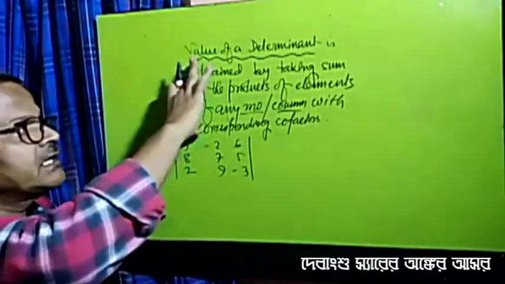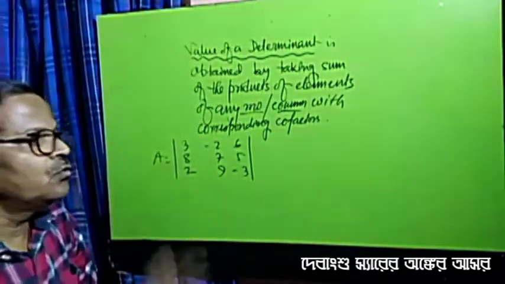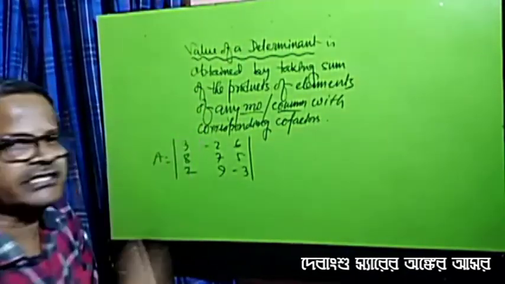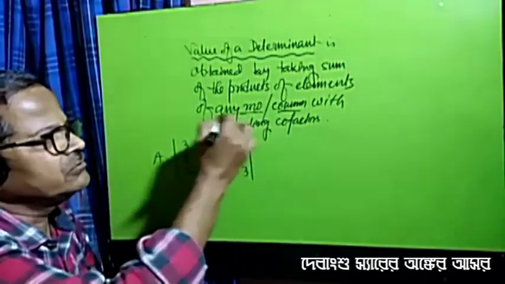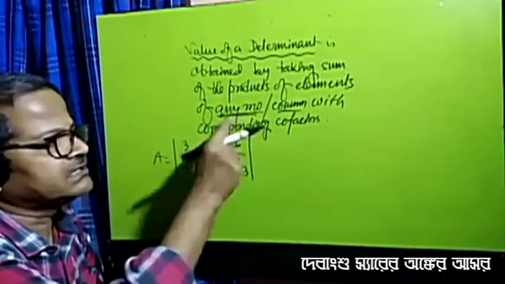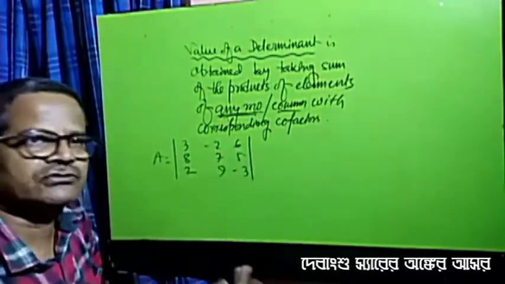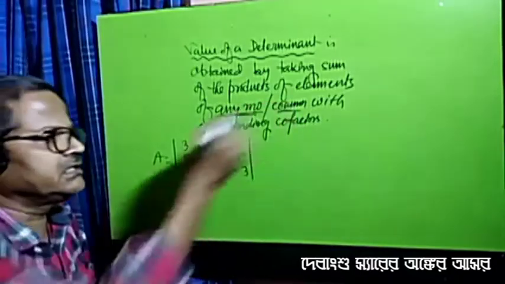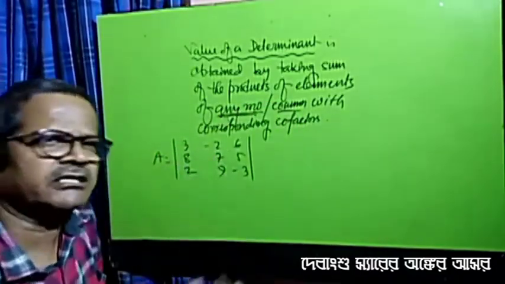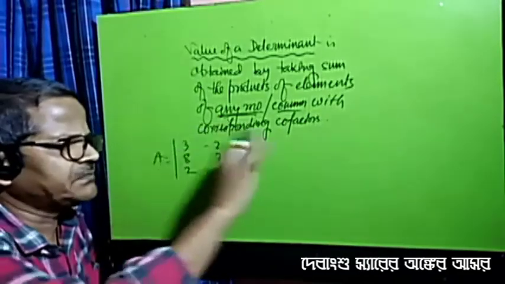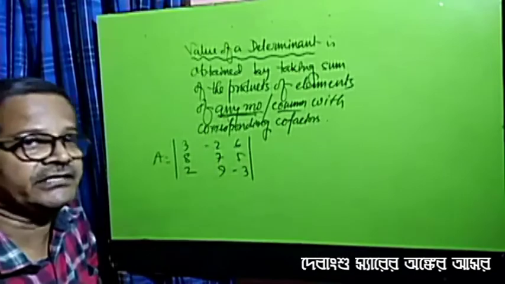So as per the definition of value of a determinant, since we have given permission to consider any row, we can consider the first row, first column, second column, third column, anything. So we can expand this determinant, or find the value of the determinant, in 6 different ways.